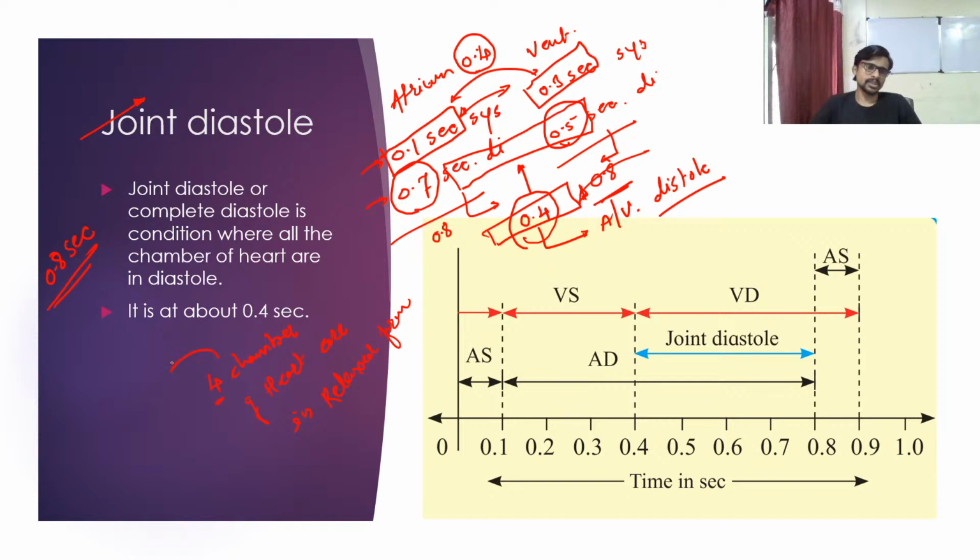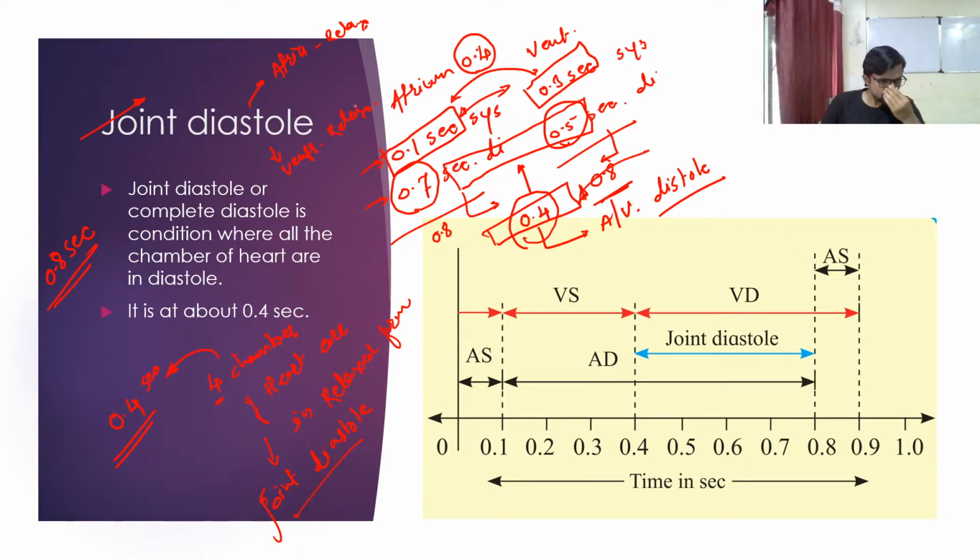All four chambers are in the relaxed form, and it is for 0.4 second, and this relaxed form of the chambers we call a joint diastole. Why is it called a joint diastole? Because at the time of joint diastole, the atria are in a relaxed form, and the ventricles are also in a relaxed form. So that's why we call it joint diastole.